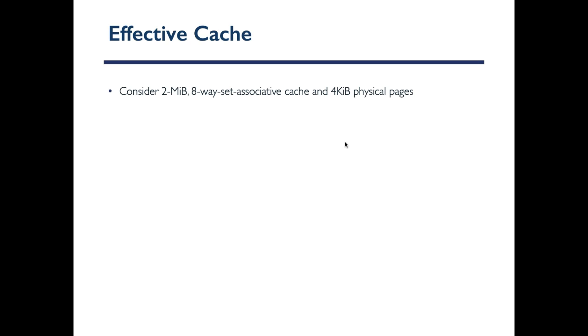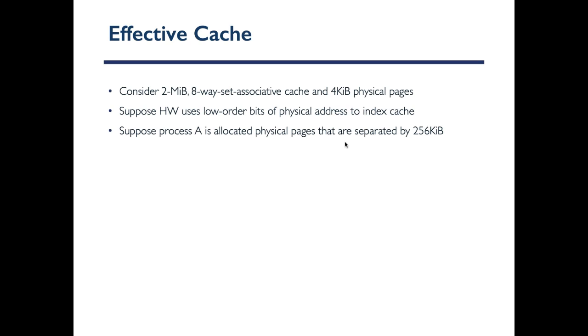Now, suppose that the hardware is using the lowest order bits of the physical address to index the cache. And let's assume, for whatever reason, the operating system has allocated to a process, let's call that process A, physical pages that are exactly separated from each other by 256 kilobytes.